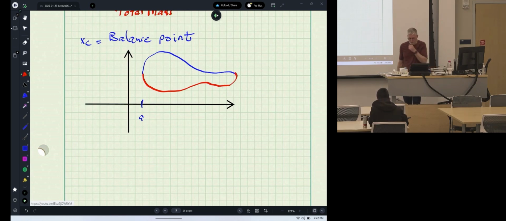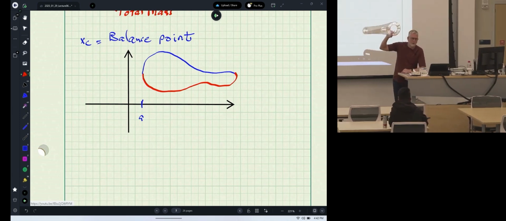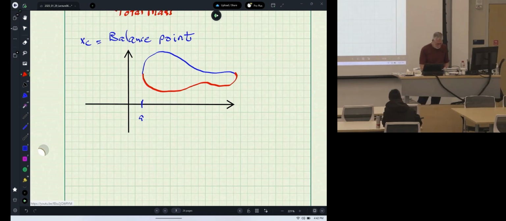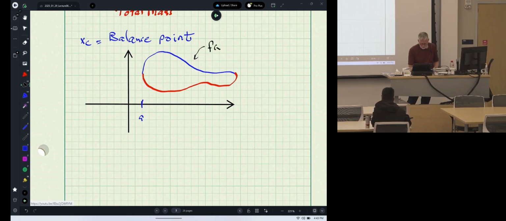And I won't put any holes in it, so that's my poor drawing of this robot thigh bone, okay? And we'll label this top function f of x and the bottom function g of x, and my point B is out here.